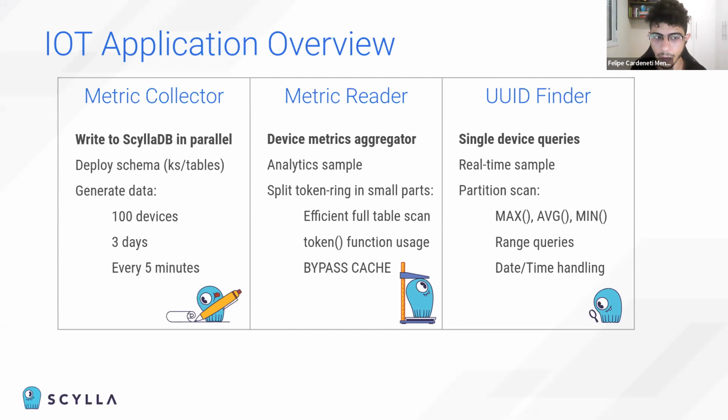The second program is called metric reader, and it demonstrates how to efficiently perform full table scans against ScyllaDB. In that program, we will split the token ring in smaller chunks, and using the token function, along with the bypass cache SQL extension, we will count how many temperature records each device has.